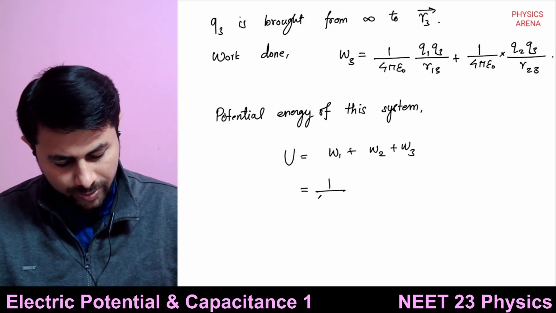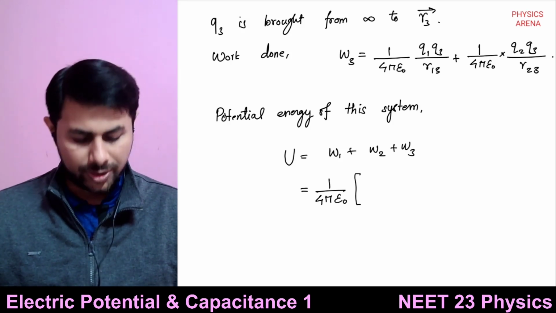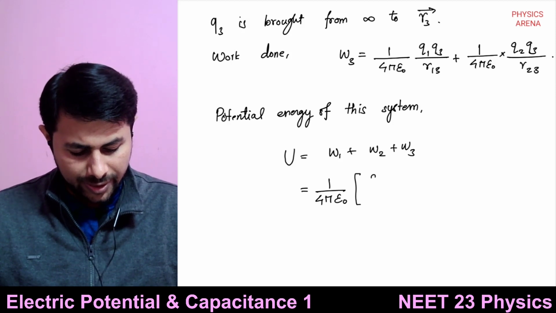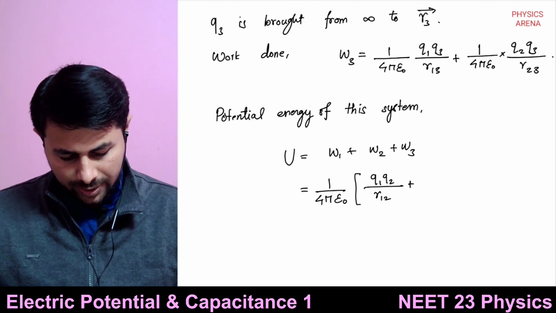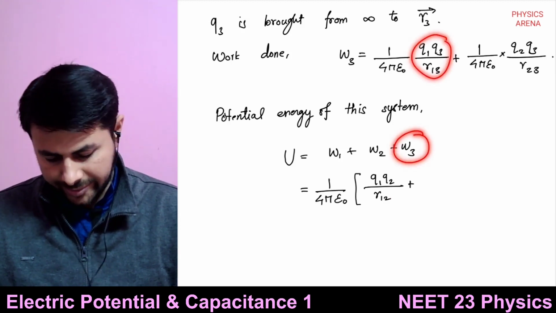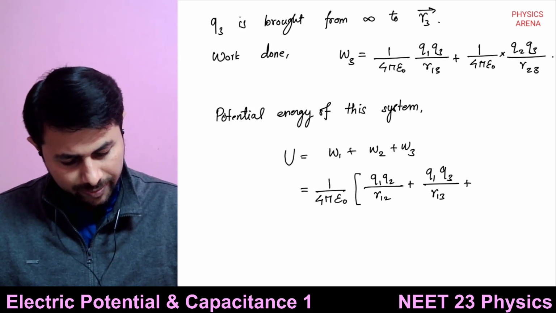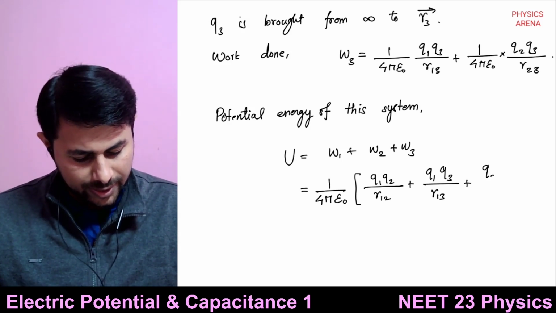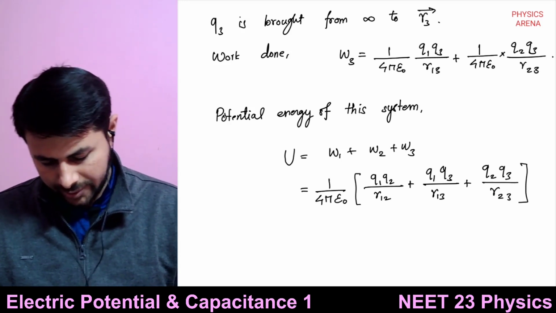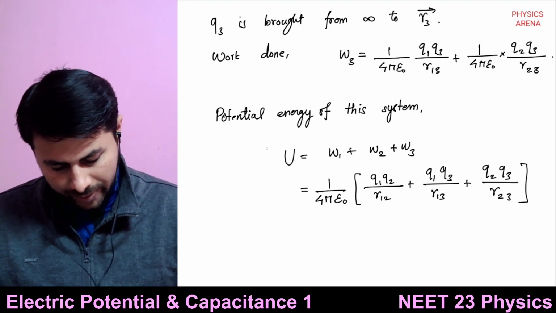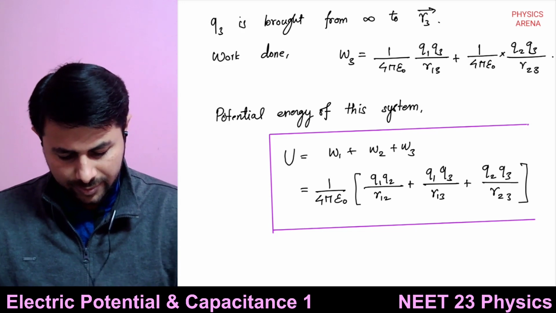It is 1 upon 4 pi epsilon naught, which we can take out. Work done to bring the first charge was 0. To bring the second one is Q1 Q2 divided by R12, plus W3 is Q1 Q3 divided by R13 plus Q2 Q3 divided by R23. So this will be the formula for potential energy of a system of three charges.